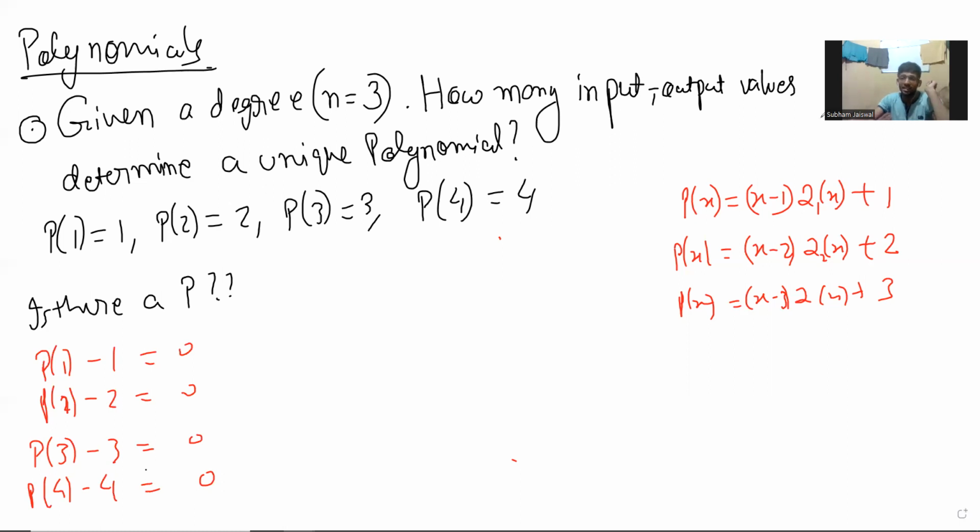It's suggesting that we should consider p(x) minus x. p(x) minus x has the roots 1, 2, 3, and 4.